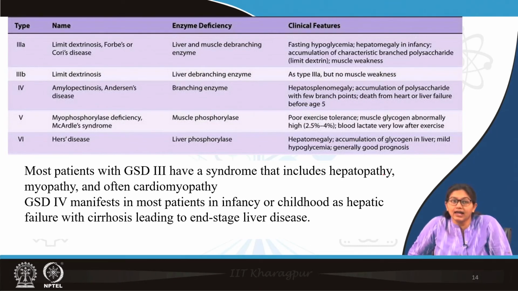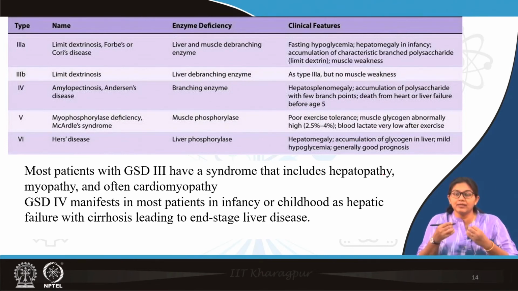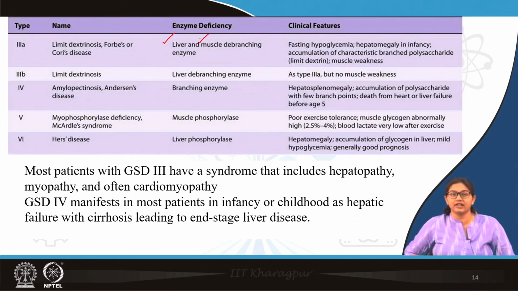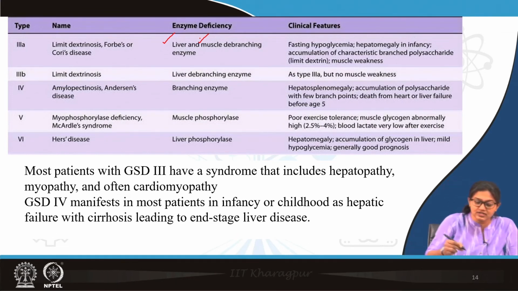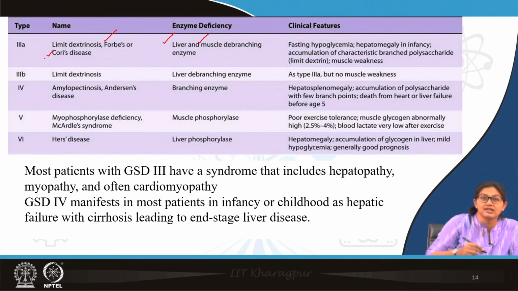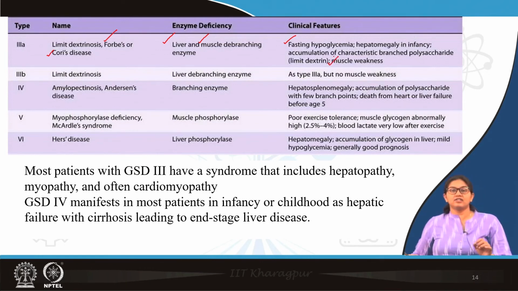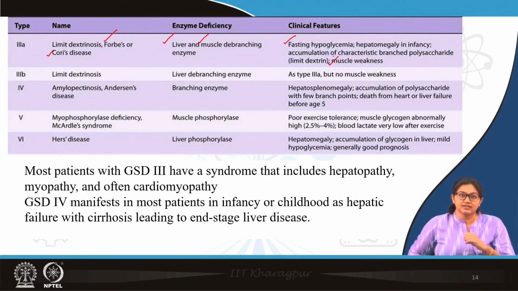Now 3A, here the debranching enzyme present in both liver and muscle is affected, which gives rise to accumulation of limit dextrins. So this is known as Forbes disease or Cori's disease. Again the liver is affected, so there is fasting hypoglycemia and hepatomegaly. Then the muscle is affected, and that causes muscle weakness.